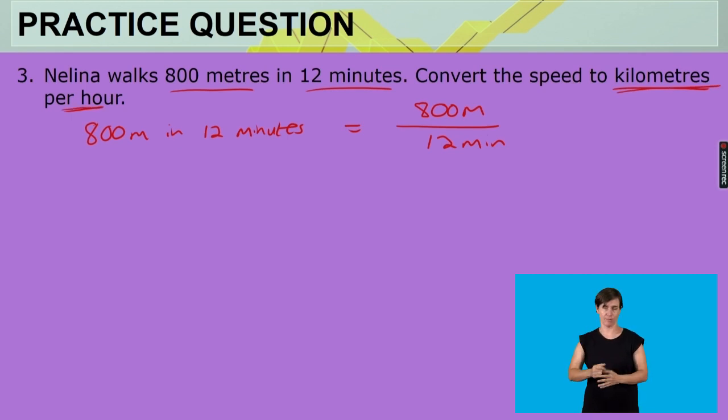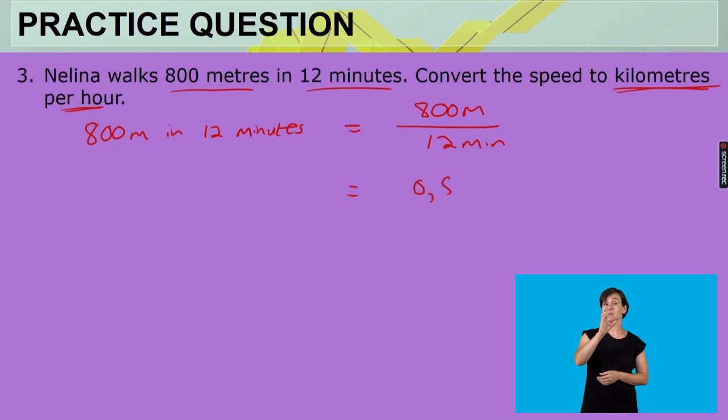So I must convert my 800 meters to kilometers, and my 12 minutes I must convert to hours as instructed. So how many meters in 1 kilometer? I agree, that's 1,000, so I'll say 800 divided by 1,000. That should give us 0.8 kilometers.